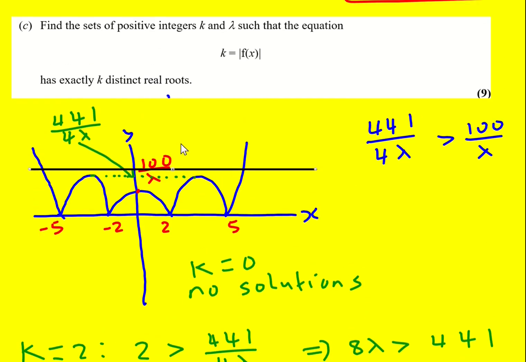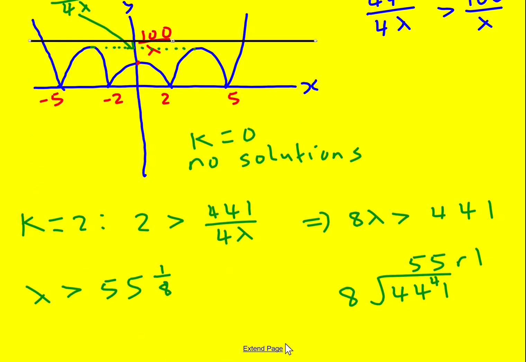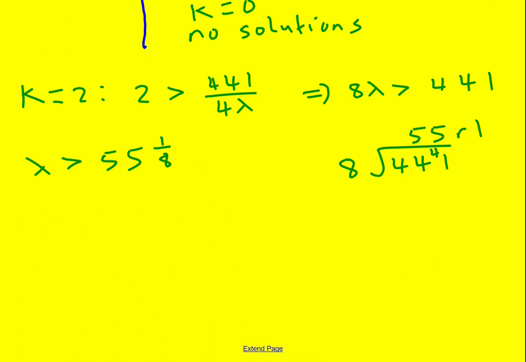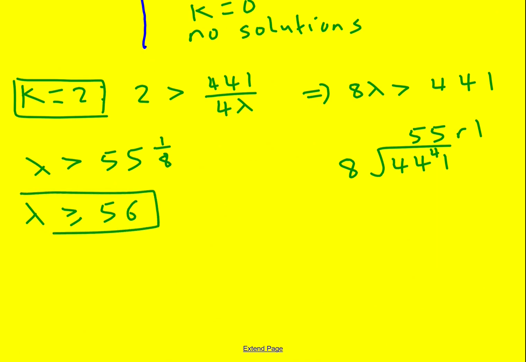Now, don't forget that lambda actually has to be a positive integer. So for k equals 2, we need that lambda has to be greater than or equal to 56. That's our first one done.